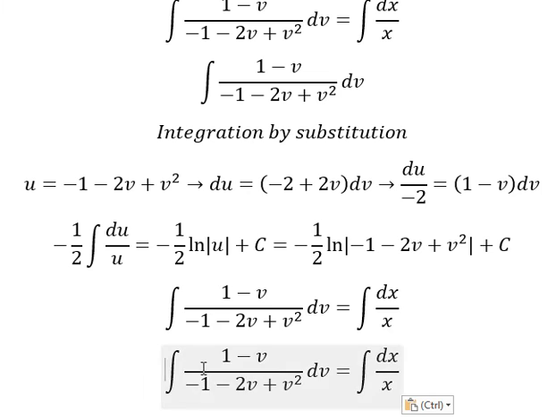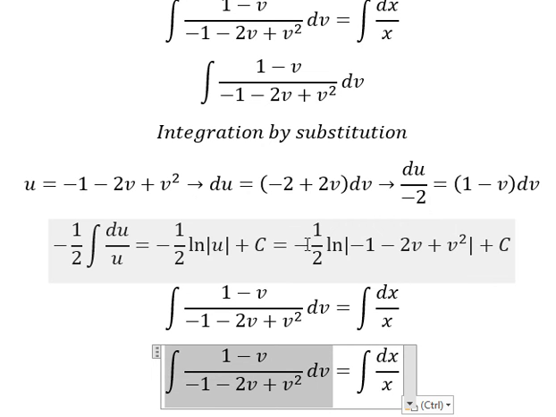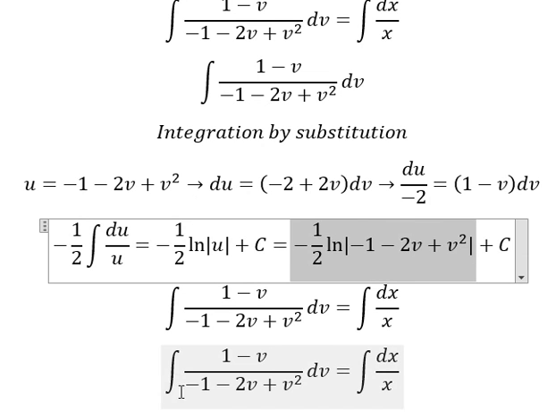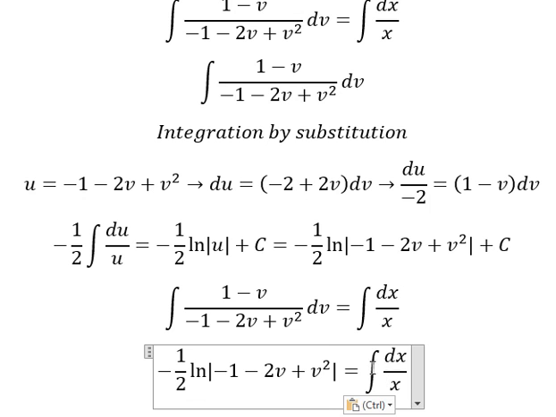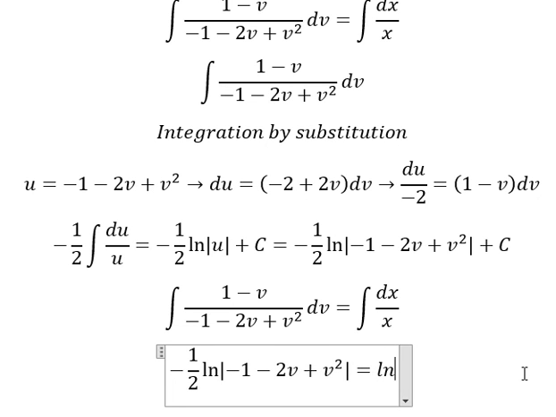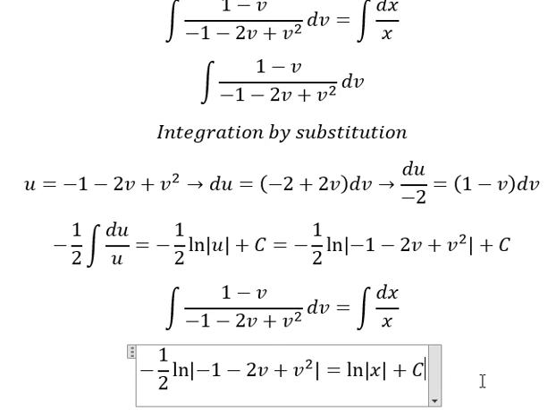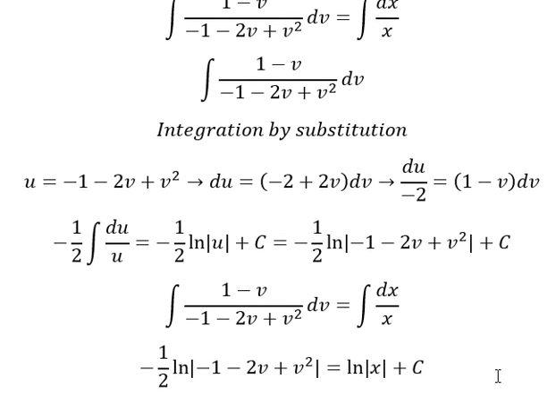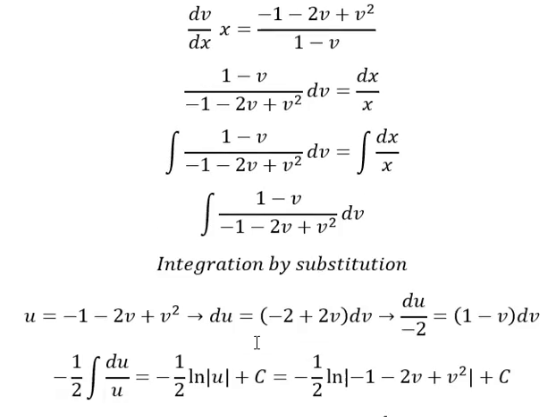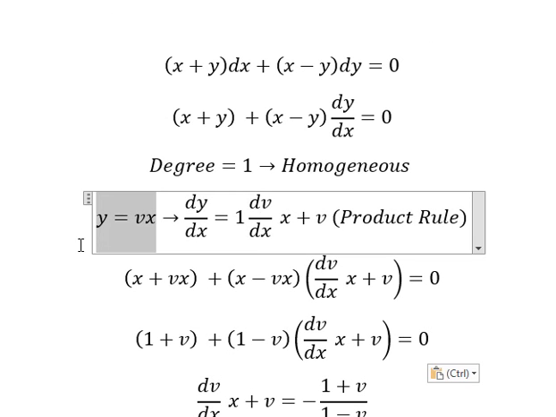So the integration of this one, that is about this one. So the integration of this one, that is Ln of the absolute value of s, and I will put c. About v, that is about this one.